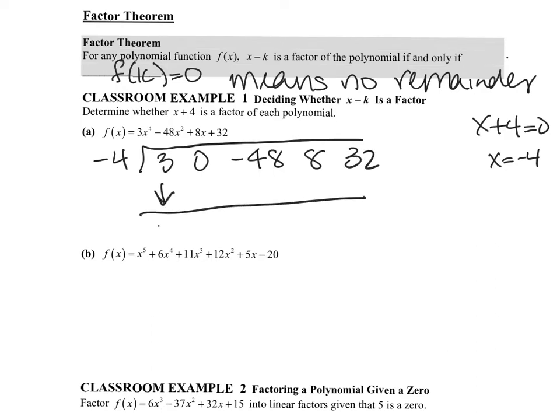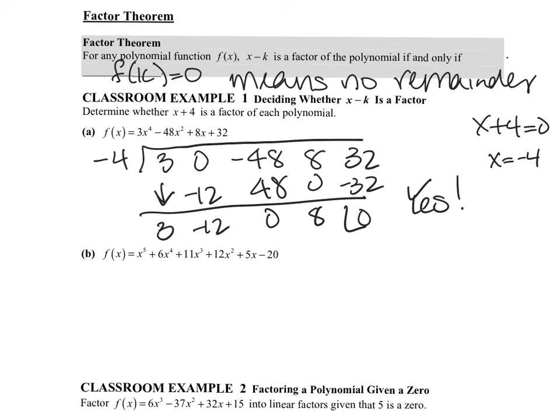We drop the 3, multiply, add, multiply, add, multiply, add, multiply, add. And then there's no remainder, so yes, negative 4 is a factor of that polynomial.